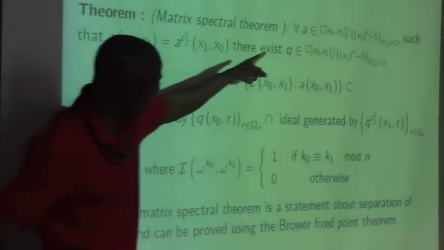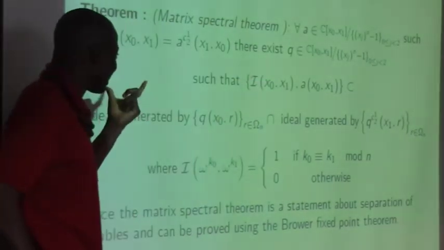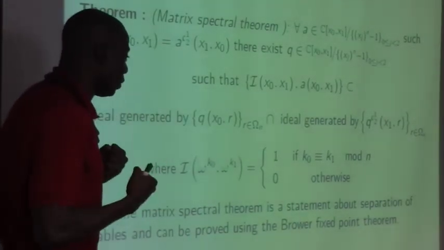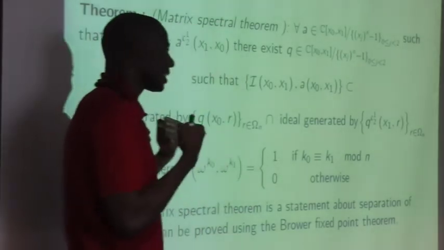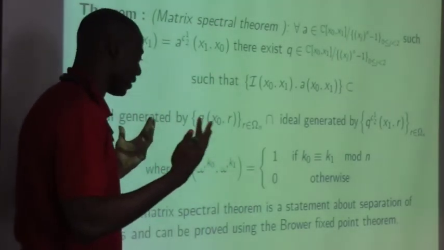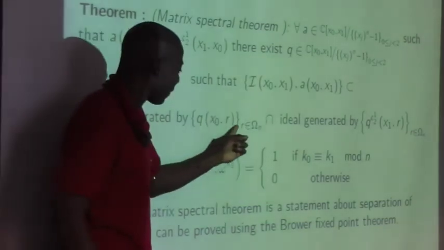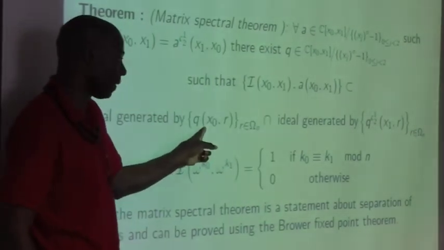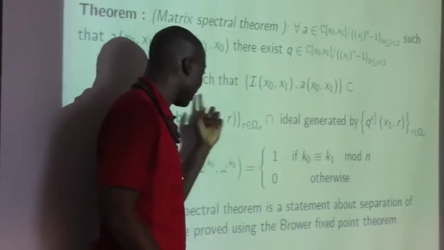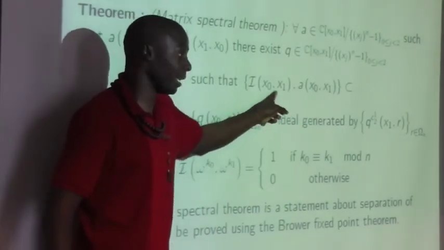If you give me a polynomial which essentially corresponds to a Hermitian matrix, the spectral theorem says you can write this in a way that separates the variables. What the eigenvectors are doing is separating the dependence on x0 and the dependence on x1, and saying that the corresponding variables are independent.